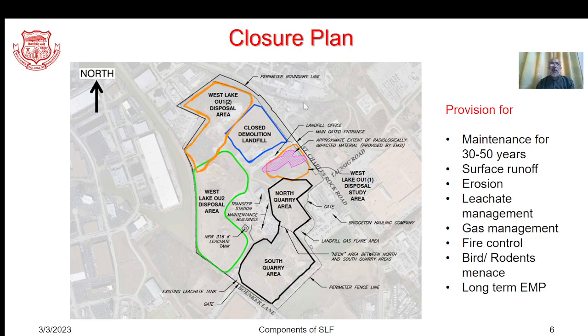So through these post-closure plans, we define the guidelines for the maintenance of the next 30 to 50 years, as well as to design the surface runoffs properly to avoid the erosions, to manage the leachate as well as the gases likely to be produced, to establish proper control on the fire likely to occur.